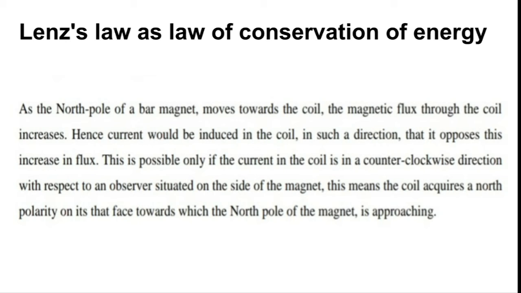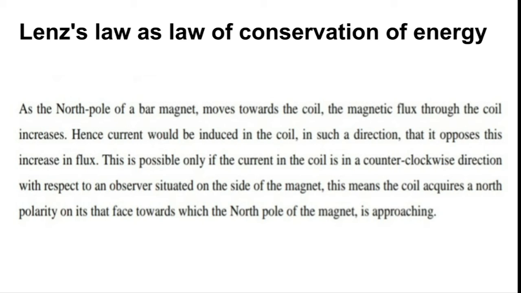As we discussed, as the north pole of the bar magnet moves towards the coil, the magnetic flux through the coil is increasing. Hence, the current would be induced in the coil in such a direction that it opposes this increase in flux. This is possible only if the current in the coil is in counterclockwise direction with respect to an observer situated on the side of the magnet.